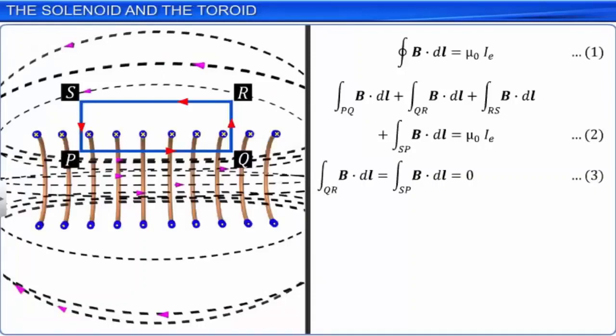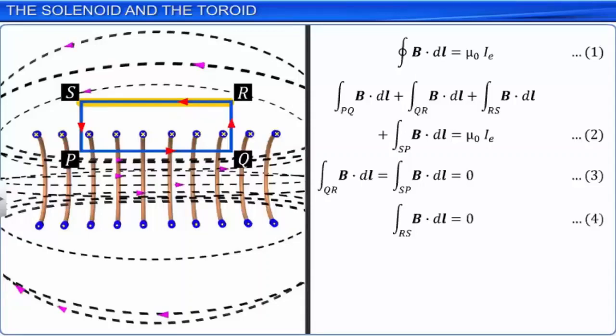Alternately, if we choose the Amperian rectangular loop such that its breadth is much greater than its length, the line segment RS becomes very far from the solenoid. Hence, the magnetic induction due to the solenoid at the segment RS is 0. Thus, integral over RS B dot dl is also equal to 0. Let this be equation 4.